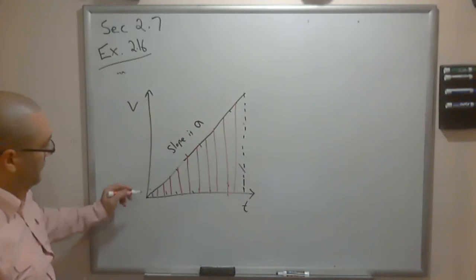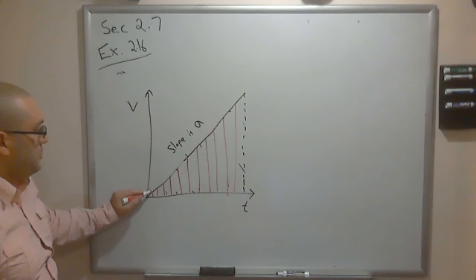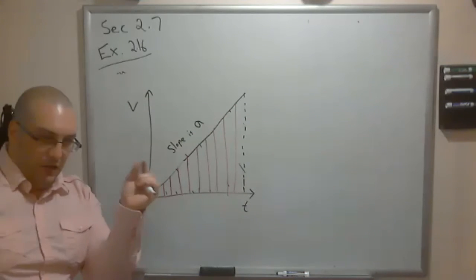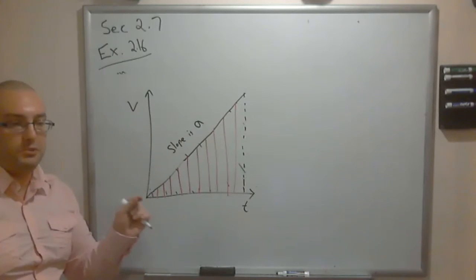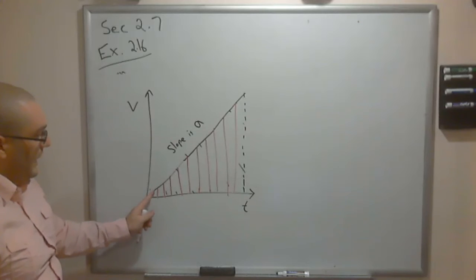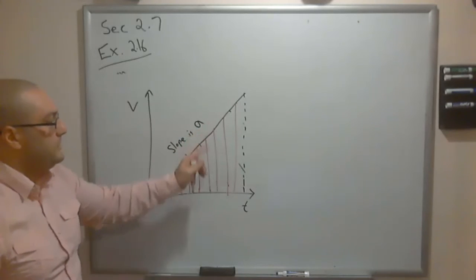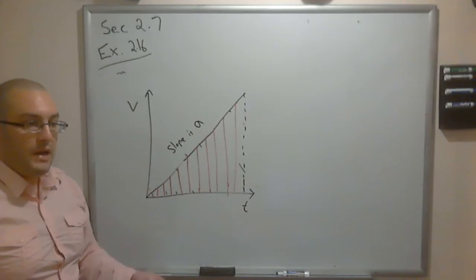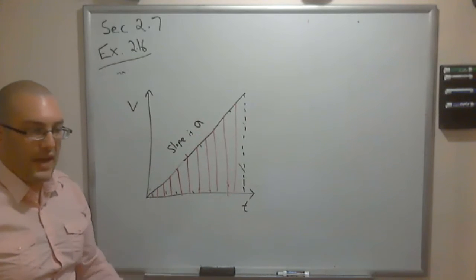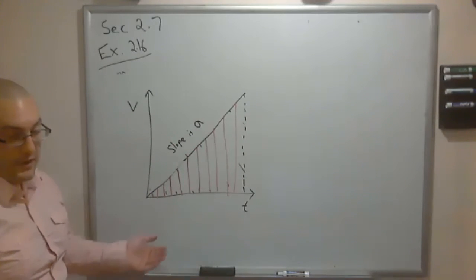So if I measured the velocity at each one of these points, now since we're doing calculus, these points would be infinitesimally small, and I added up all these points, we would have the position, right? And if you think about it, that's exactly what position is, right?